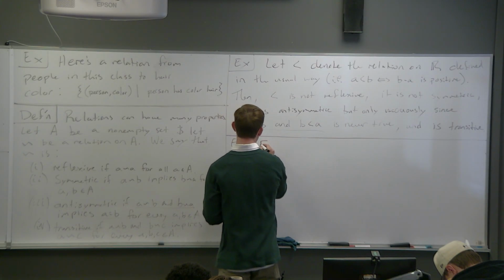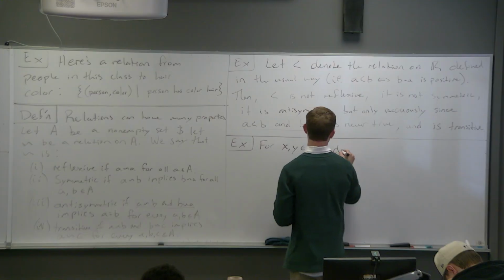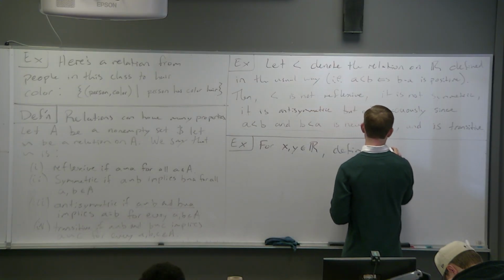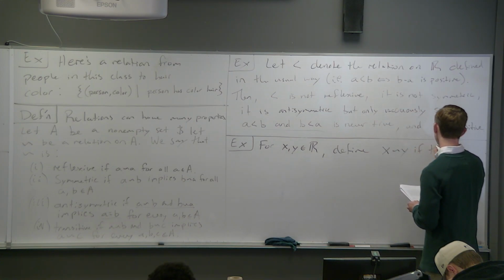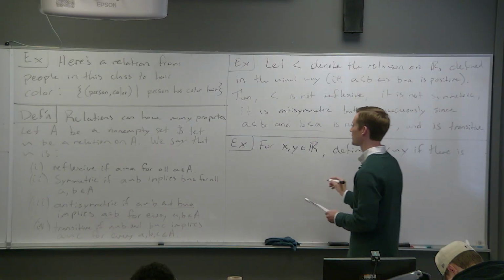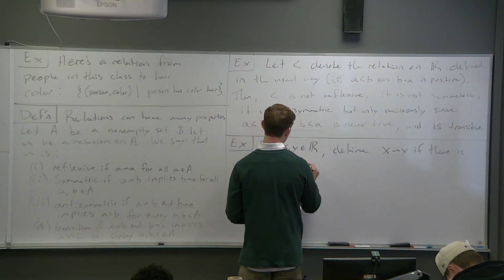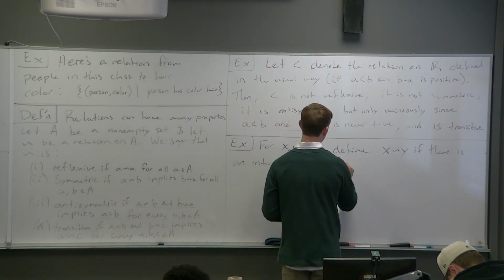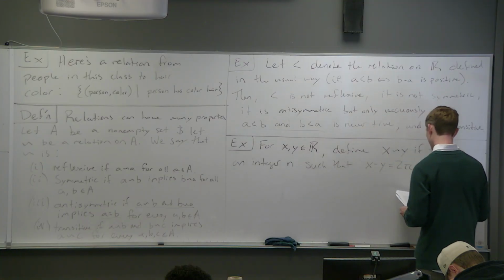For x and y in the real numbers, define x is related to y if there is an integer n such that x minus y equals 2 pi n.